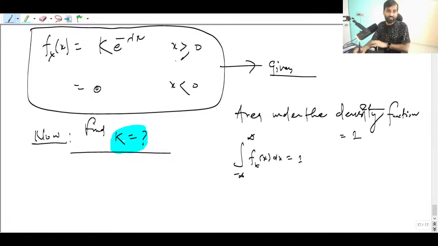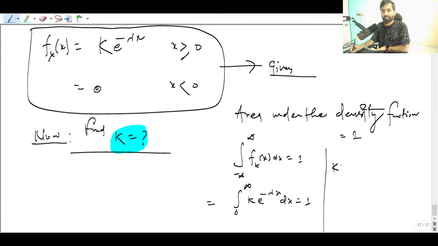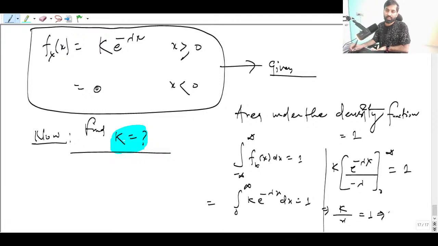Since this density function is starting from 0, so 0 to infinity it can go, right? K times e raised to power minus lambda x dx equal to 1. Now you can solve this integral. So k times, e raised to power minus lambda x by minus lambda, 0 to infinity. And this will give you k by lambda only, which is 1. So k is going to be lambda.